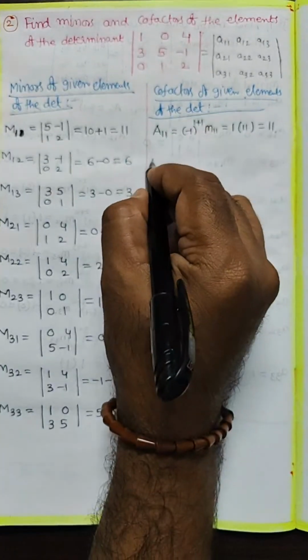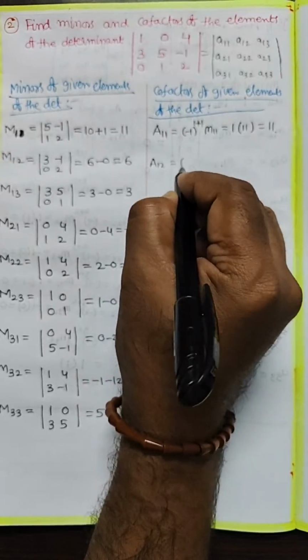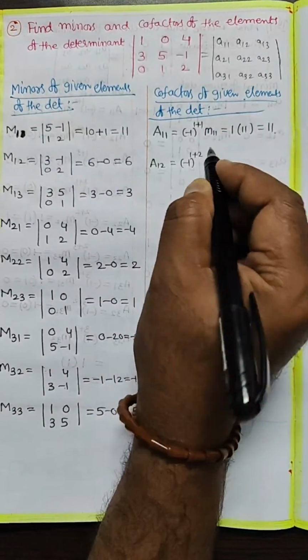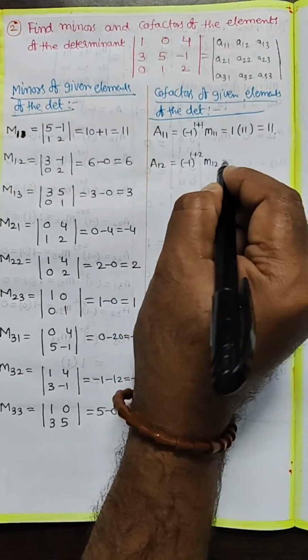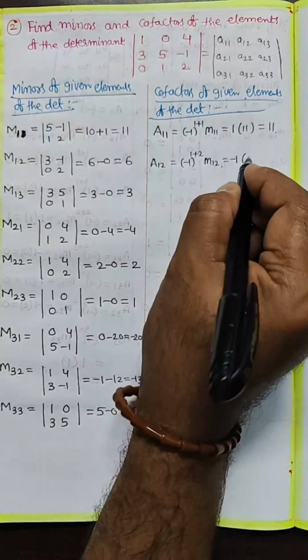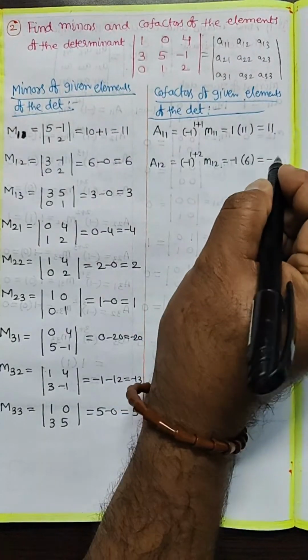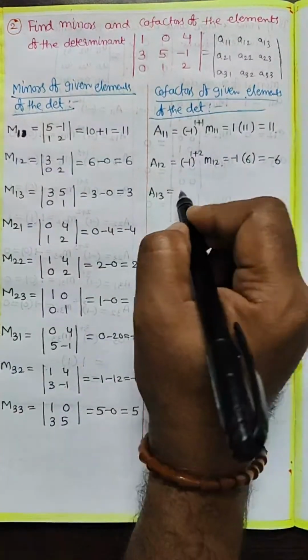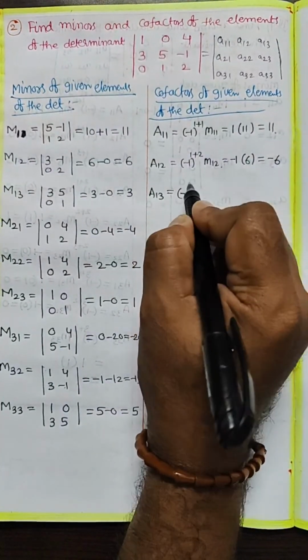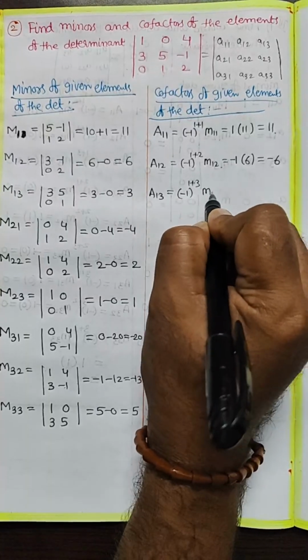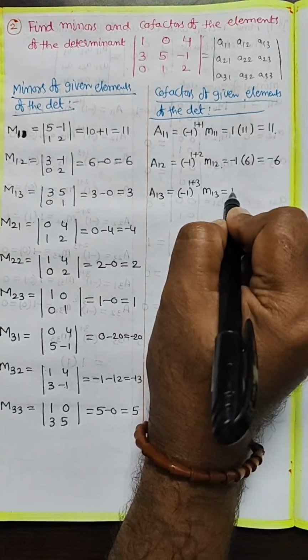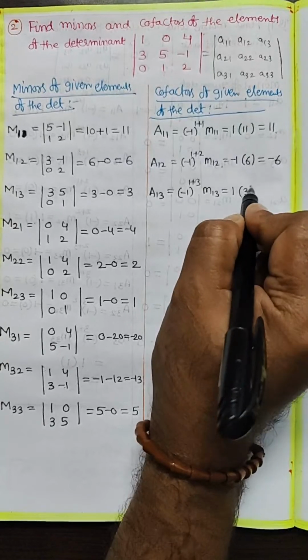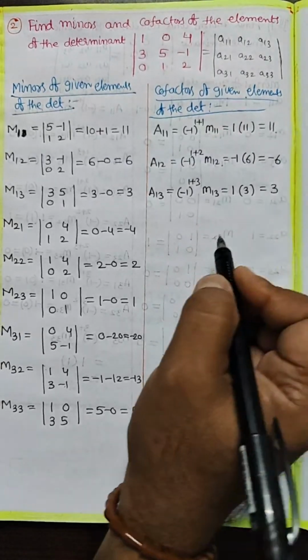Next, A12 is equal to minus 1 whole power 1 plus 2 into M12, minus 1 into 6, which is equal to minus 6. Next, A13, minus 1 whole power 1 plus 3 into M13, equal to 1 into M13 value 3, which is equal to 3.